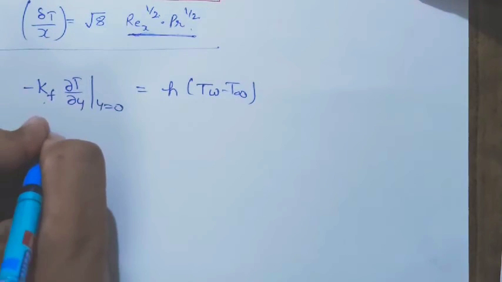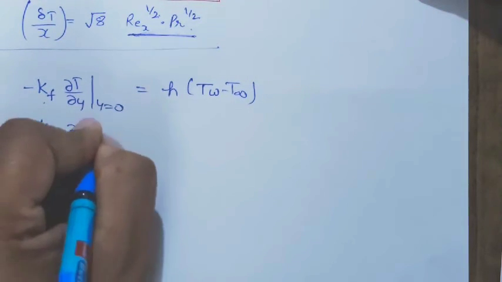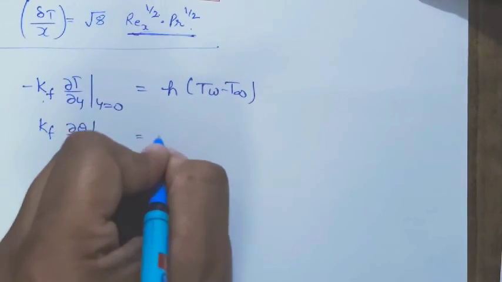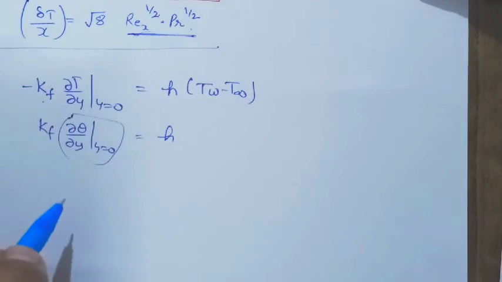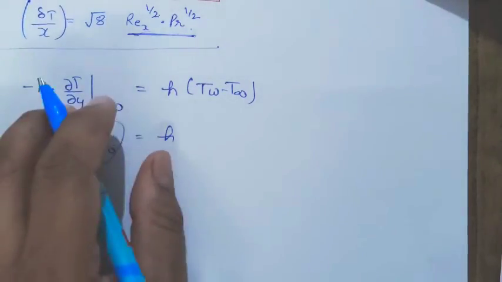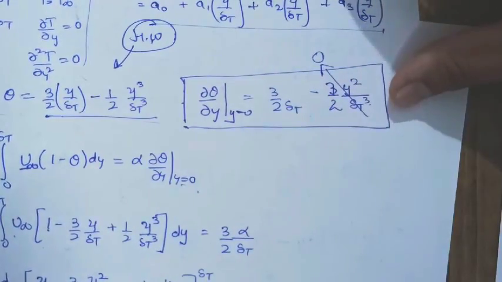So this is h of d theta by dy at y equal to 0. And if you remember this d theta by dy at y equal to 0, we put this as 3 by 2 of delta, right?